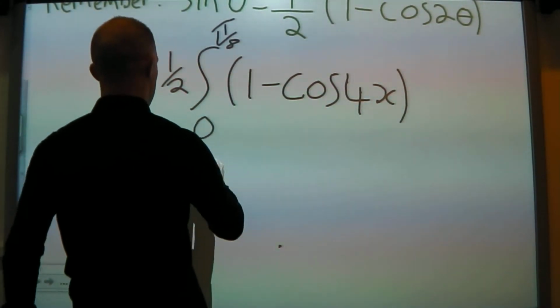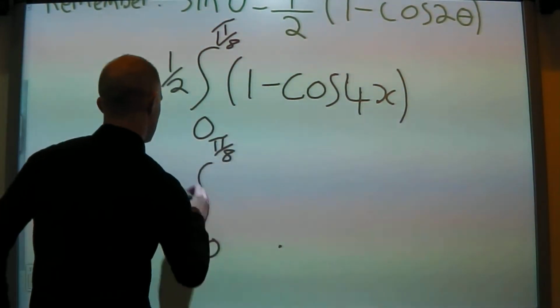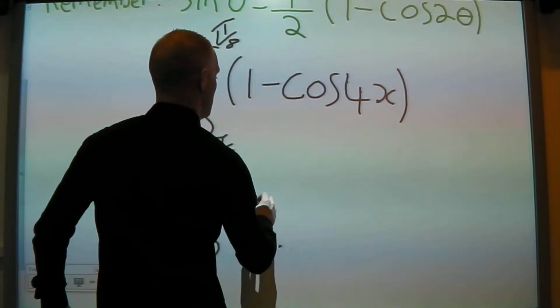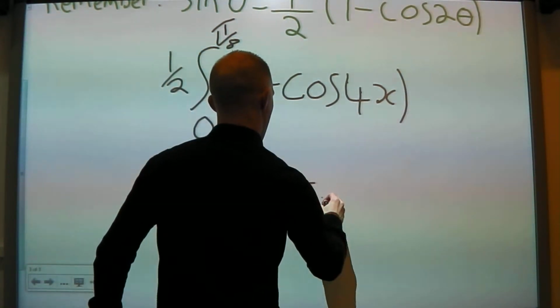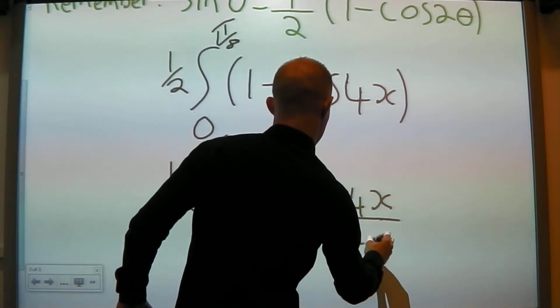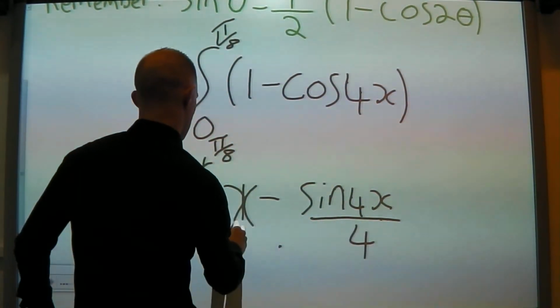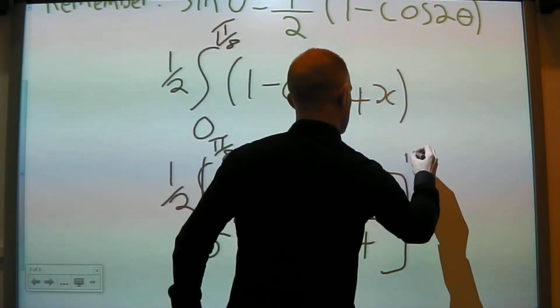So now, that's the same as the integral from pi over 8 to 0, half the integral, of 1 minus sine 4x all over 4, sorry, that should be x. So done. Pi over 8 to 0.